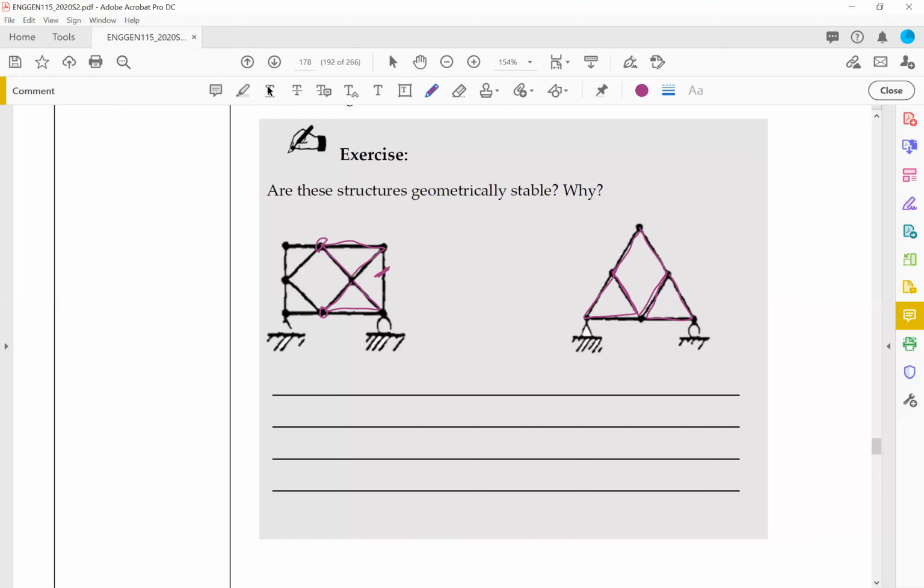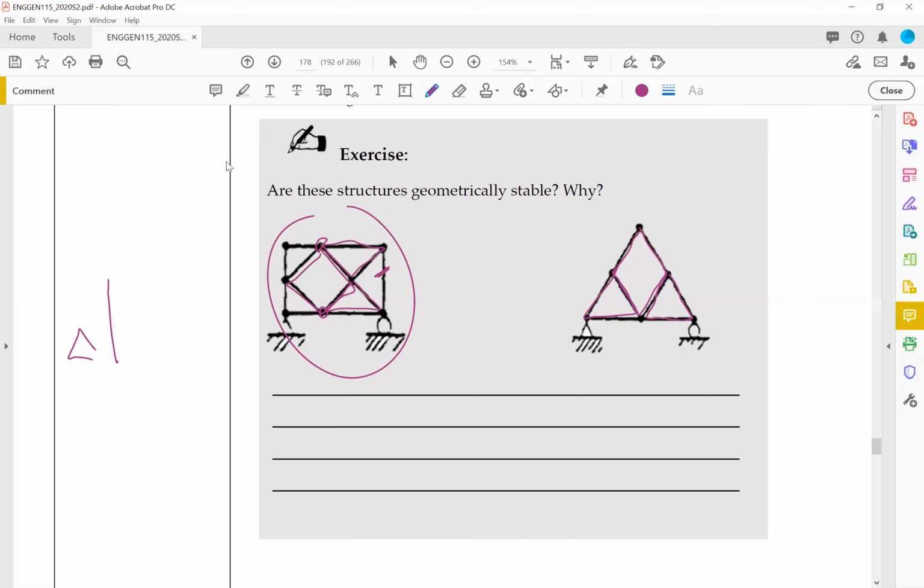Now, if I were to try be a cool guy and draw the collapsed shape of both of these structures, the first one might look like, first of all, let's draw the connection, the pin connection. Now, this square here would probably collapse into a straight line. So it might go something like that.